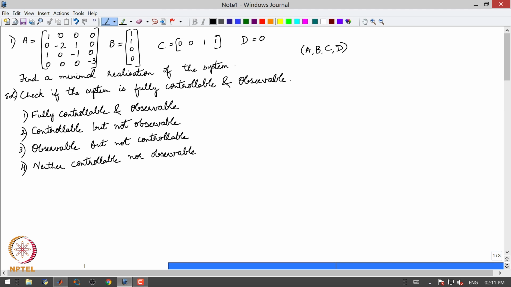So, now when the system is not fully observable but it is controllable, then simple way of finding minimal realization is given by the observable decomposition.